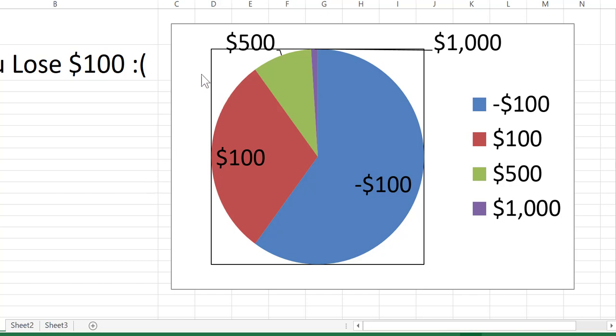In Excel, I simulated this spinner. Every time I push the button, it will spin it. Right now I just pushed it and it says we lost $100. It looks like every time I keep pushing it, I'm losing $100.